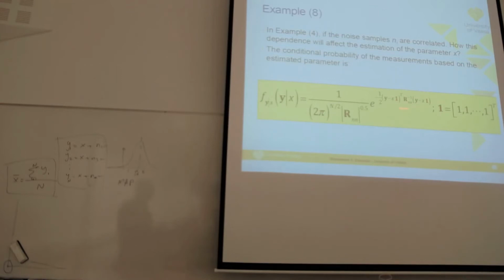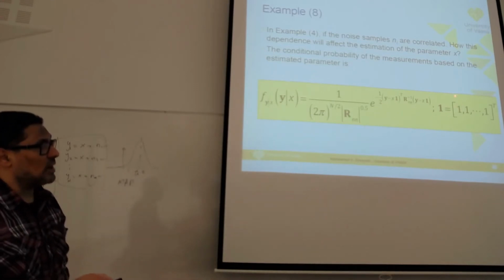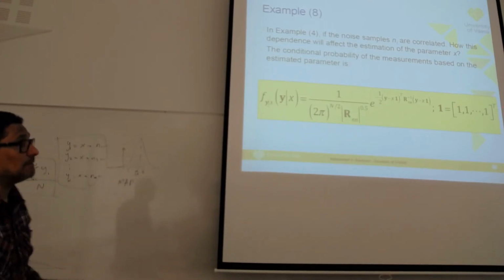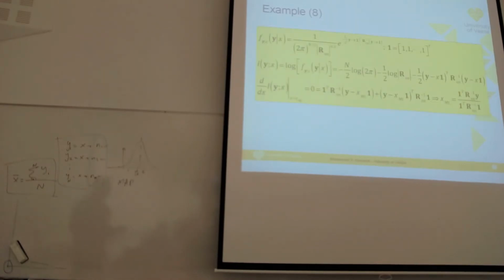This is the general form, or x times 1, because now we have only this single element x. In that case, we should subtract x from the y vector all the time. So x times 1 here is a vector of 1s, as you can see here.